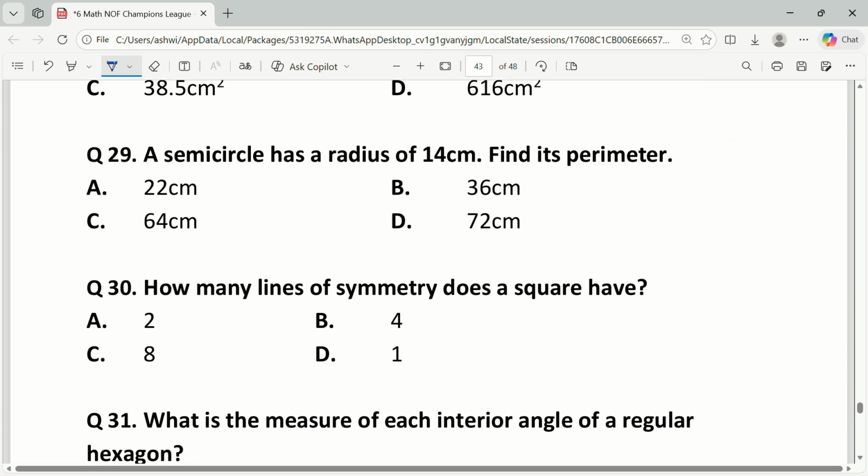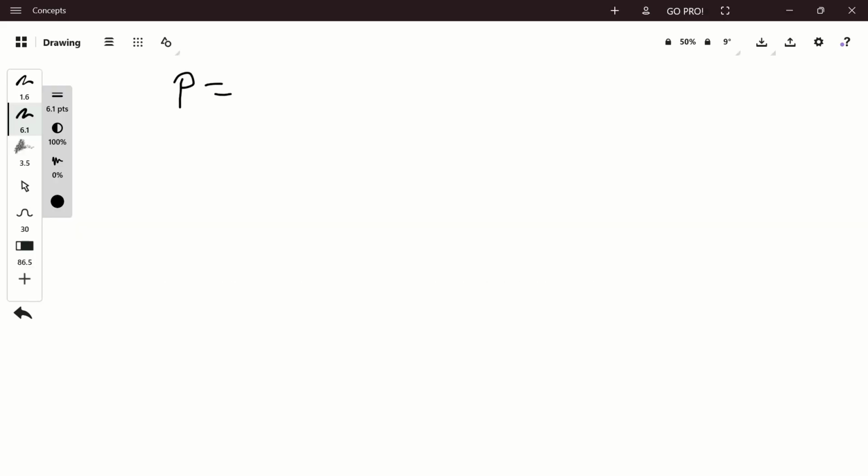A semicircle has a radius of 14 centimeter. Find its perimeter. The perimeter of a semicircle is the length of arc pi r plus the diameter. Substituting r as 14 centimeter and using pi as 22 by 7 to calculate the perimeter, perimeter is equal to 14 into 22 upon 7 plus 2.